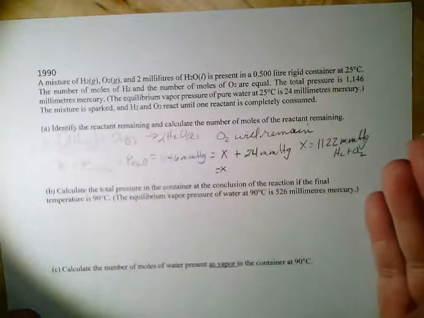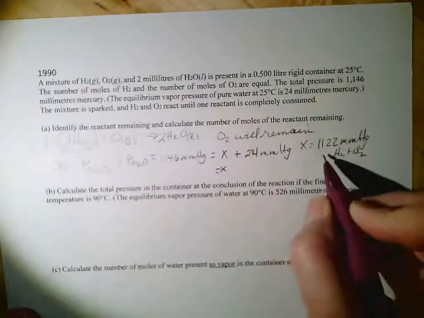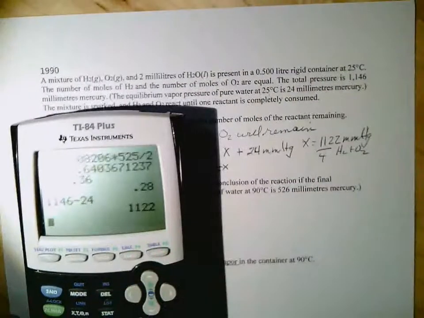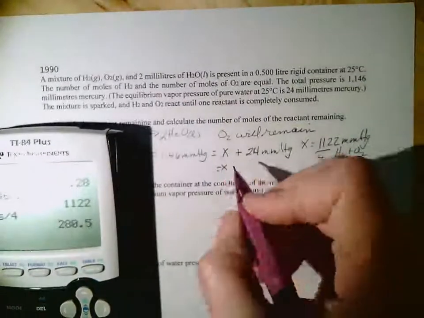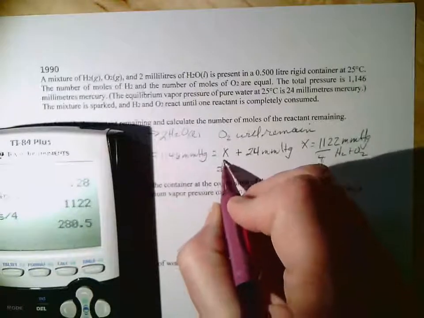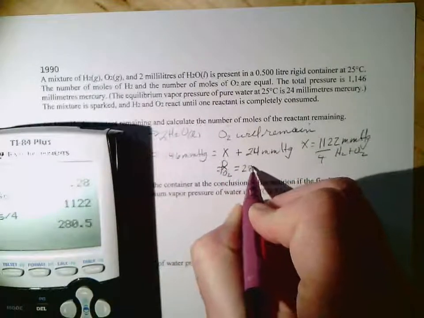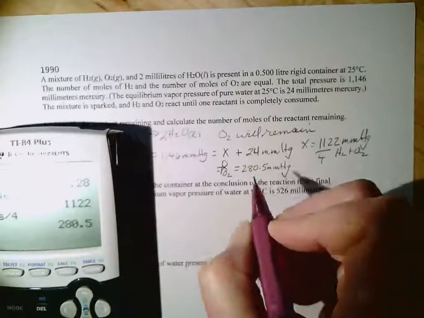So I need to divide this by 4. And so when I divide that number by 4, I get 280.5 is the partial pressure of O2 that remains. And that's millimeters of mercury.